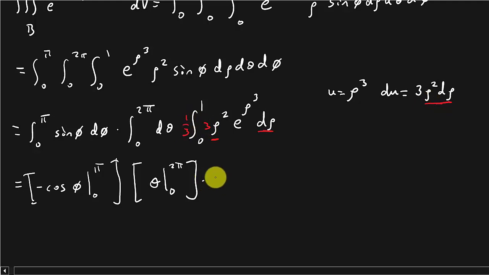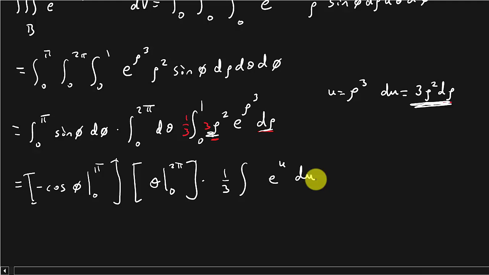And so that's going to be times 1/3. And then I make my substitutions. So e to the u. So the rho cubed I'm replacing with u. And then the 3 rho squared d rho, I'm replacing that with du.